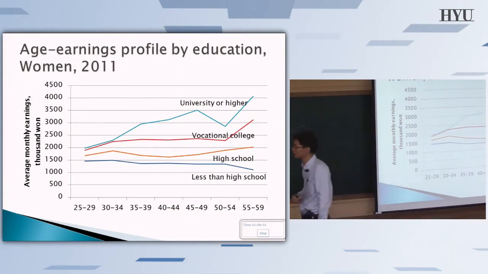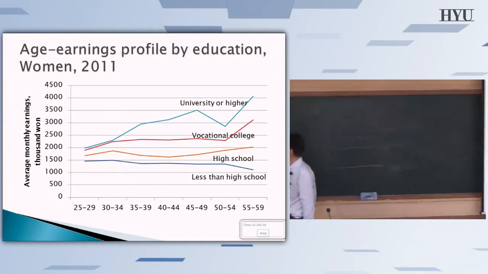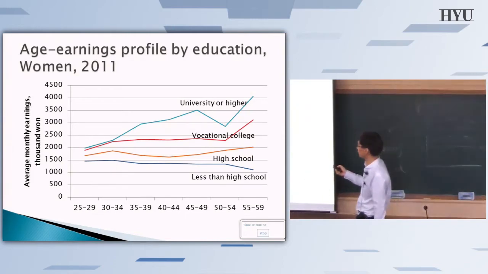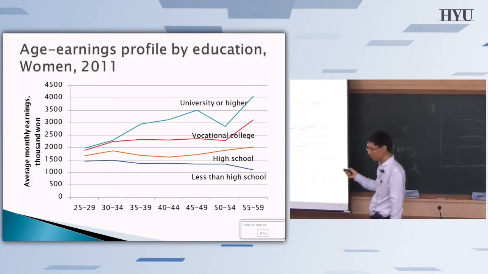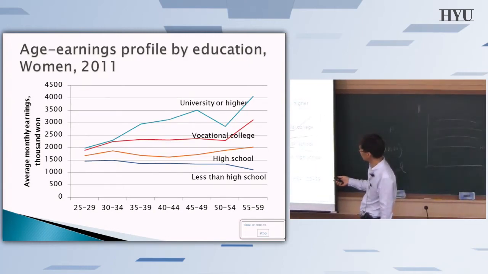University is the exception. So they invest in human capital, but not any other group. There is some fanning out, but in Korea's case it is much more flat.